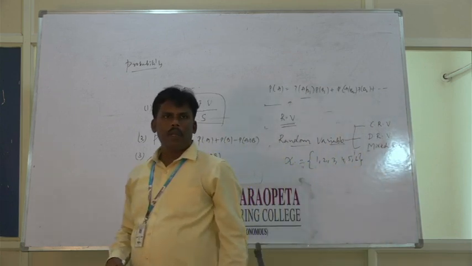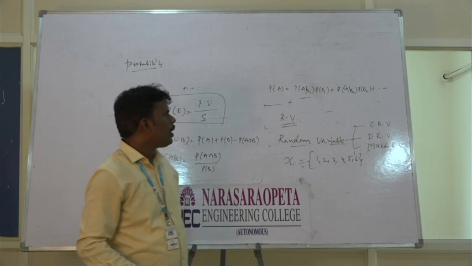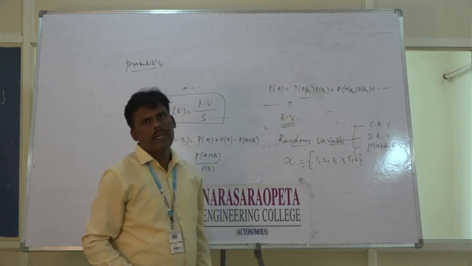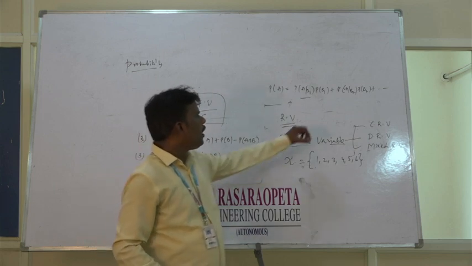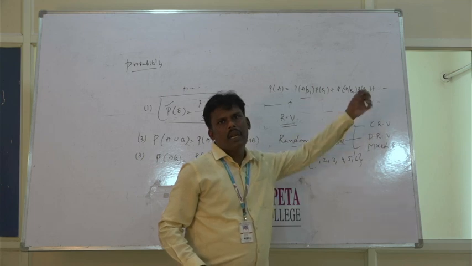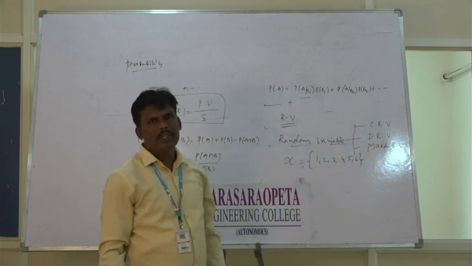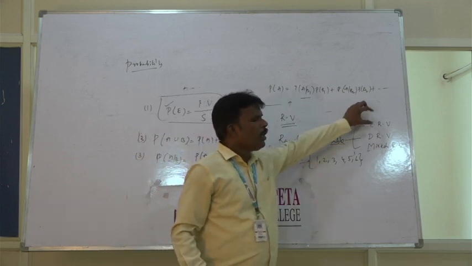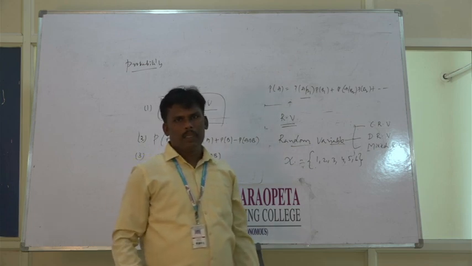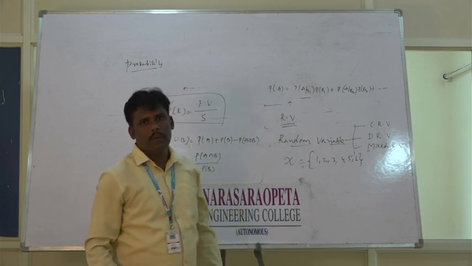When the experimental elements are real and countable, it is called a discrete random variable. The second one is the continuous random variable. Here the experimental elements are real and uncountable values.